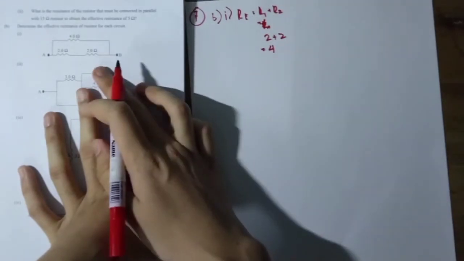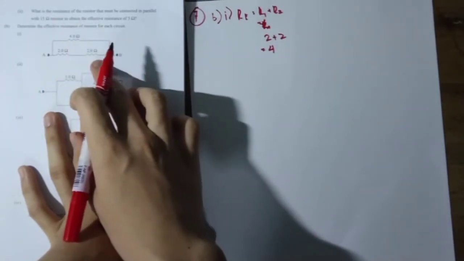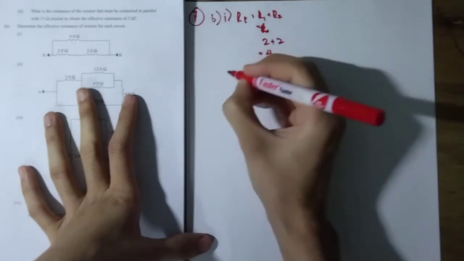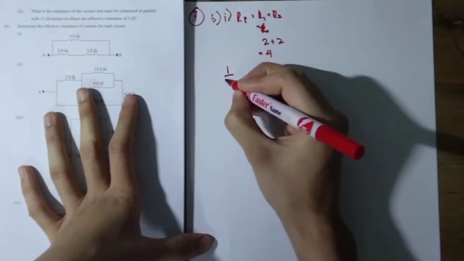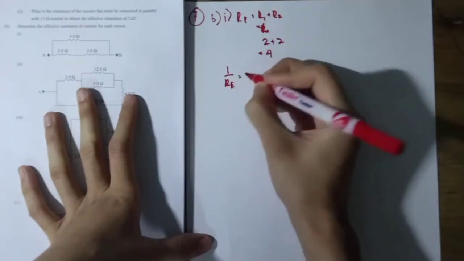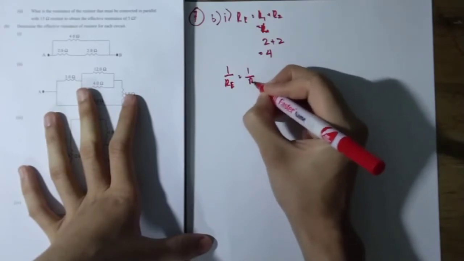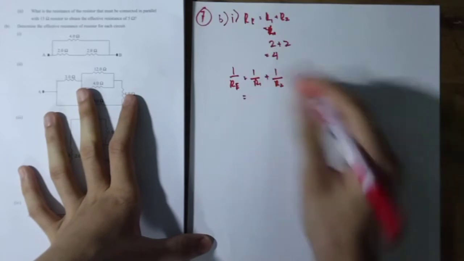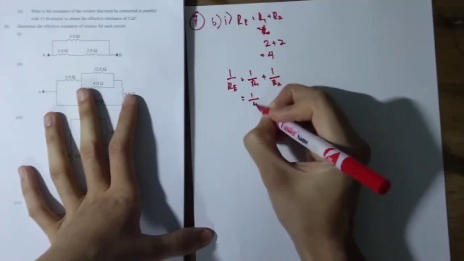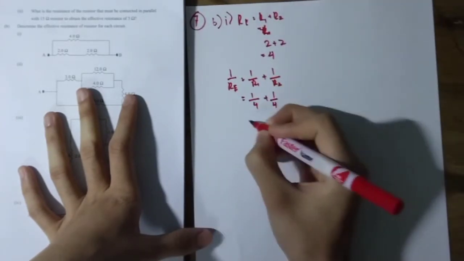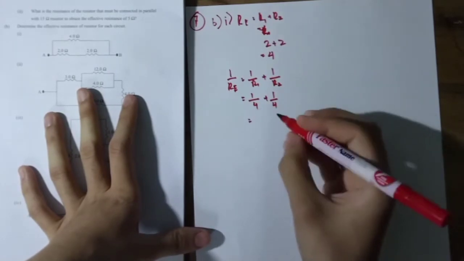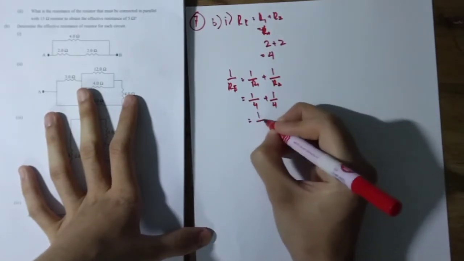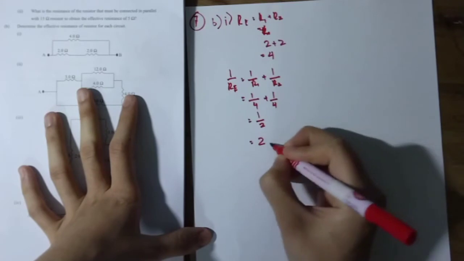And for this 4 ohm and this 4 ohm in parallel, 1 over R effective equal to 1 over R1 plus 1 over R2, which is 1 over 4 plus 1 over 4 equal to 1 over 2, and inverse it to 2 ohm.